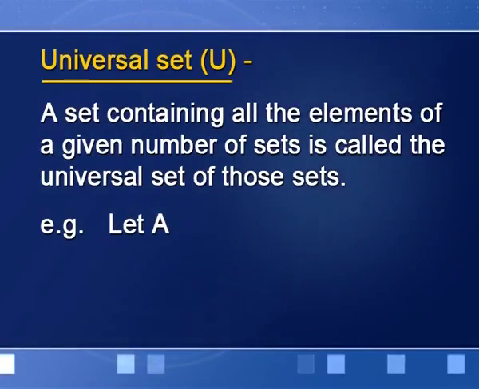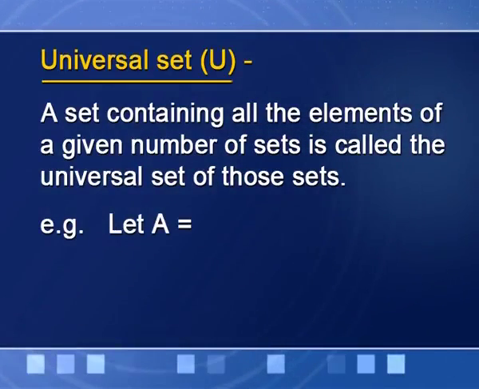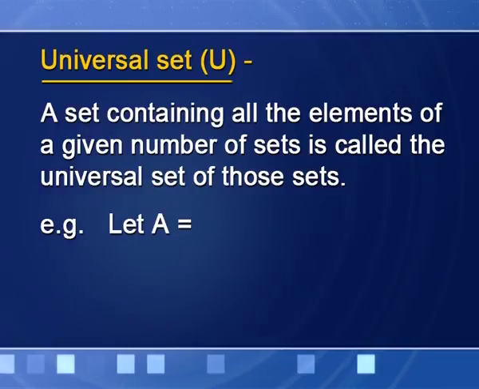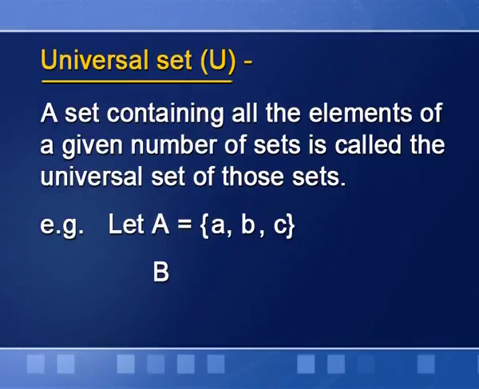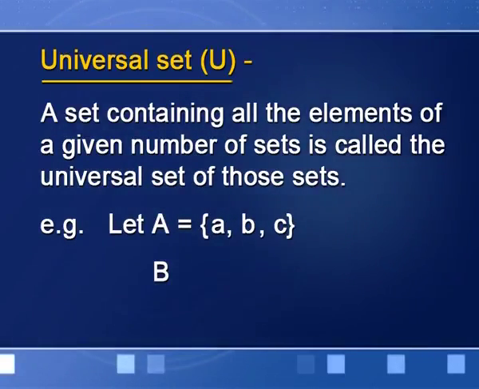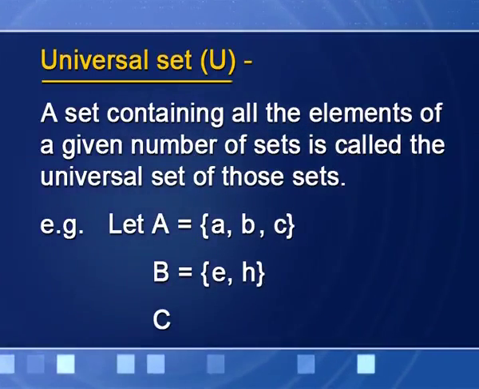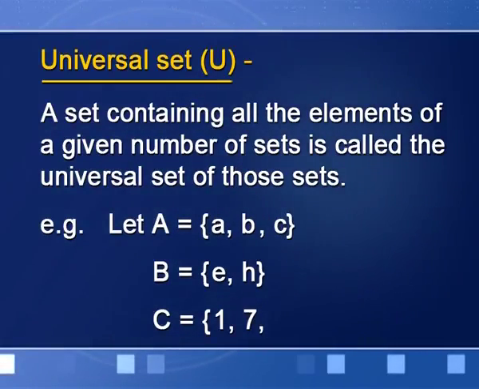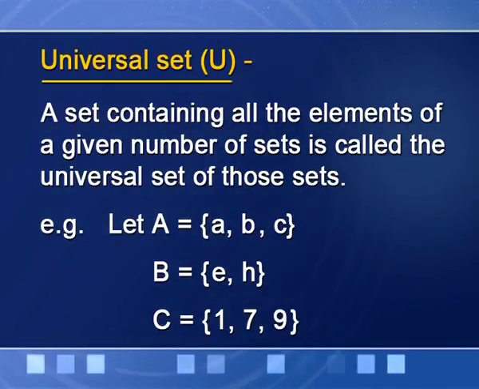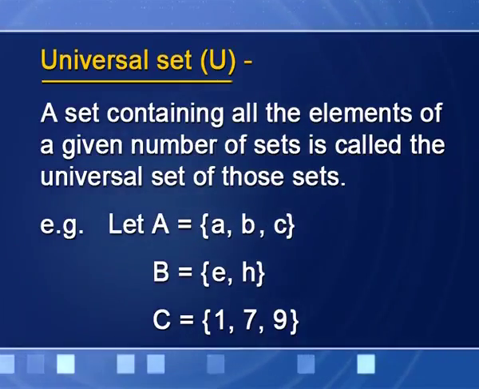Suppose we have set A equal to a set with elements a, b, c, set B having elements e, h, and set C having elements 1, 7, 9, and we want to find the universal set of these sets.